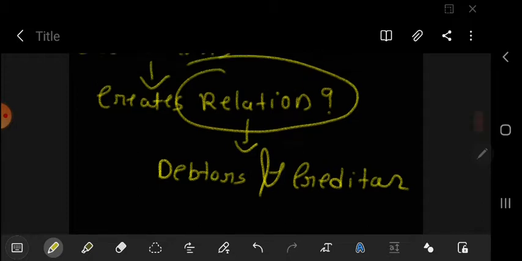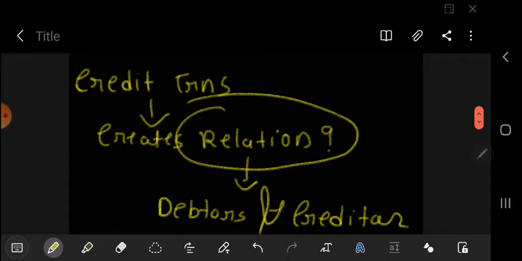Okay, the words creditor and debtors which we see in accounts are totally based on credit transaction. Okay, when there is credit transaction, then there will arise two parties, namely debtors and creditors.